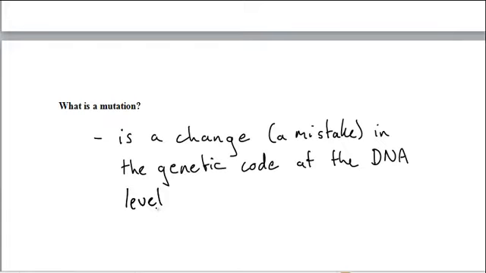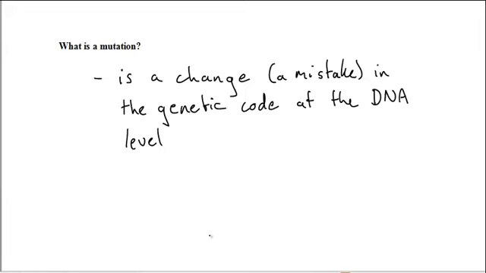Now there are other places mutations can occur. They can occur during transcription or translation. But these mutations are rarely ever seen because they're not inheritable. It's when a change occurs at the DNA level and it is inheritable that it becomes noticeable.